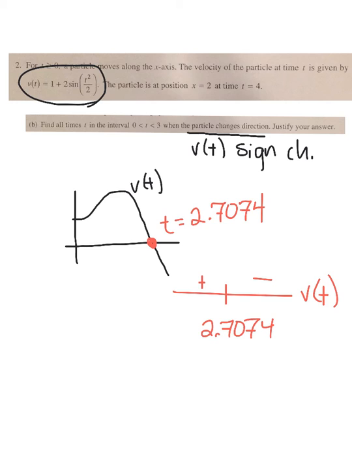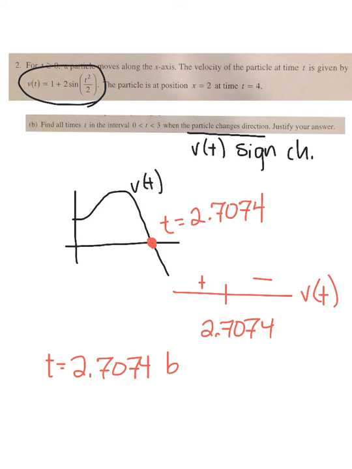Okay, and then in part B, it says find all the times between 0 and 3. So just remember, we're looking for the times that are between 0 and 3. So then your answer would be t equals 2.7074.